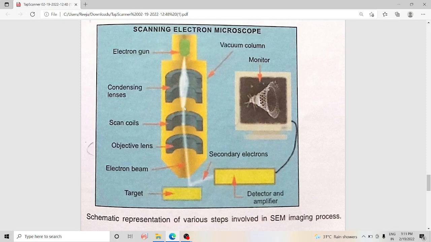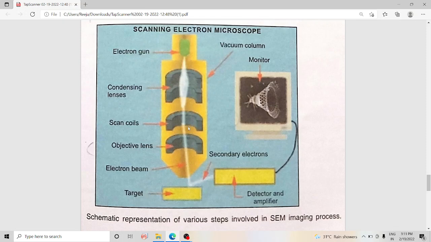That is, the width of the beam is highly reduced, and this is what we call spot size. Now, near the bottom, a set of scanning coils move the focused beam back and forth across the specimen row by row.